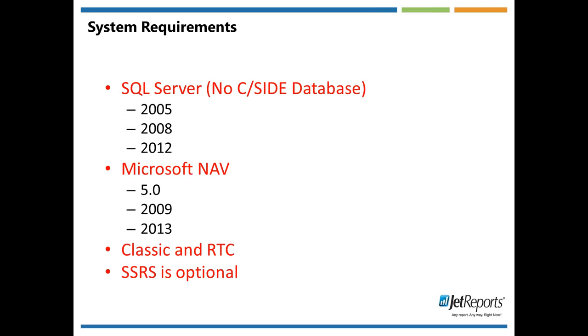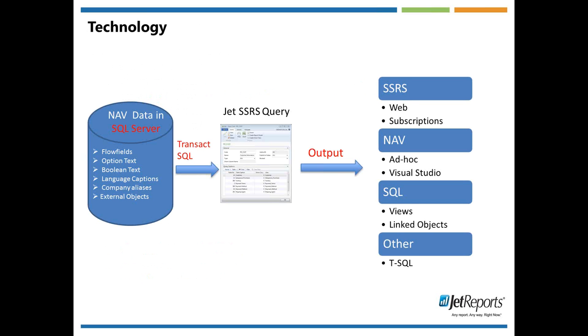There is one part that I'll talk about when we go to the web viewer that is required to use, but I'll talk about that. This is where SSRS is required, but just to run the basic functionality and reports, you don't have to worry about that.